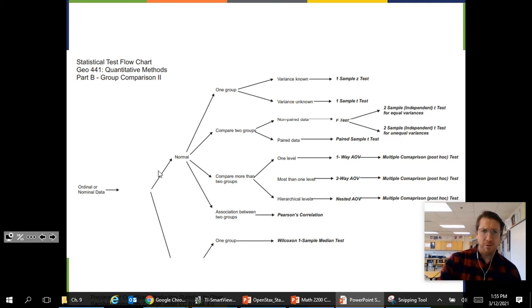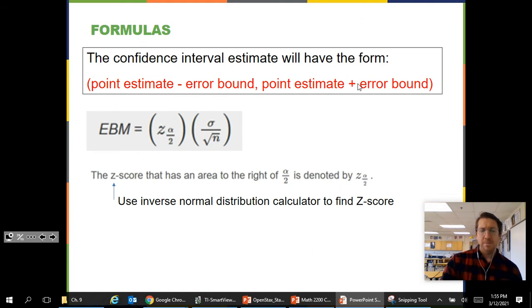This is a normal distribution curve, looking at one group of data, and the variance is known. So this is going to be a one-sample z-test. Think back a few chapters ago, we calculated these error-bound means. So we use that z-score, then we use the standard deviation over the square root of the sample size. We're going to be doing a similar thing today.